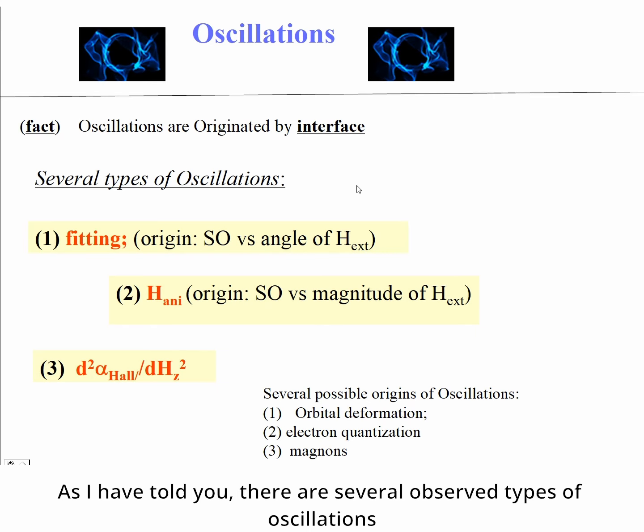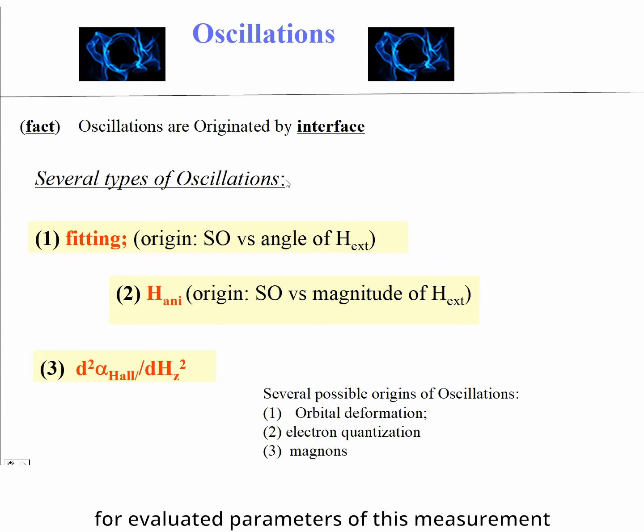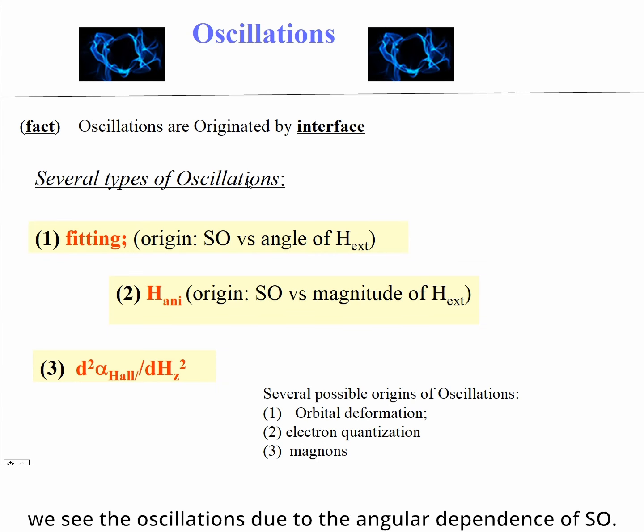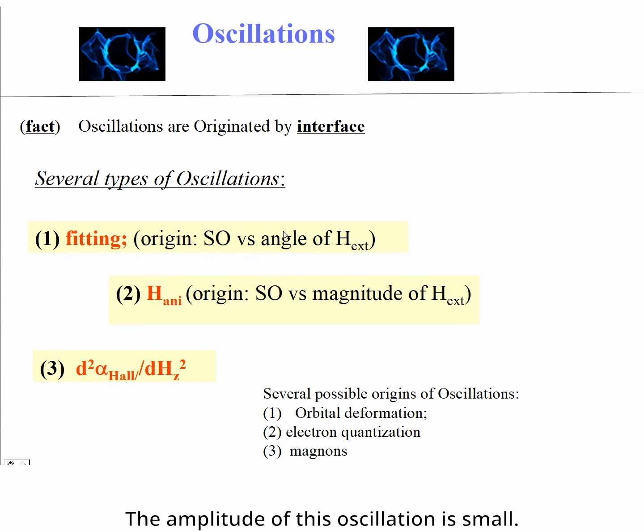As I have told you, there are several observed types of oscillations for evaluated parameters of this measurement. During the previous fitting, we see the oscillation due to angular dependence of spin-orbit interaction. The amplitude of this oscillation is small.